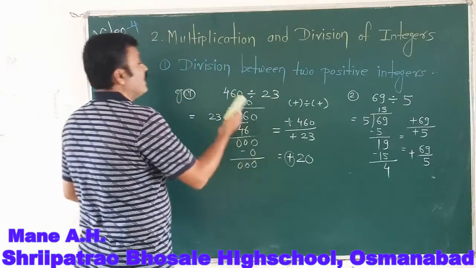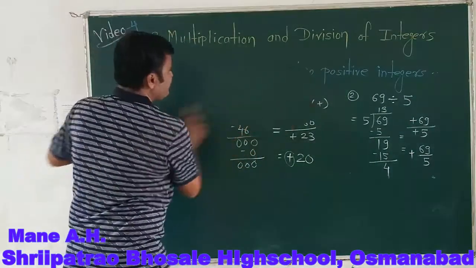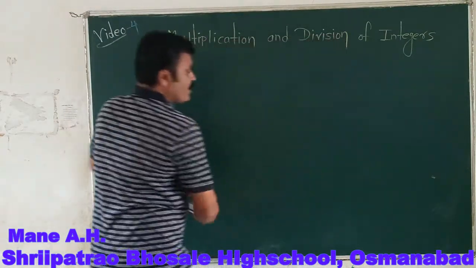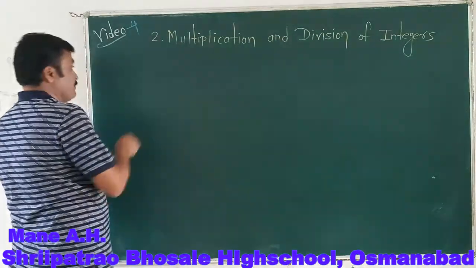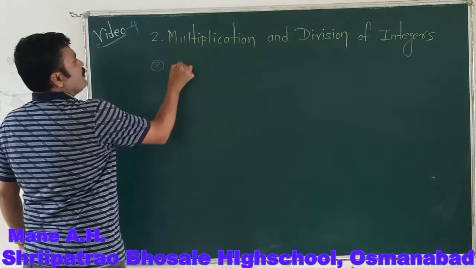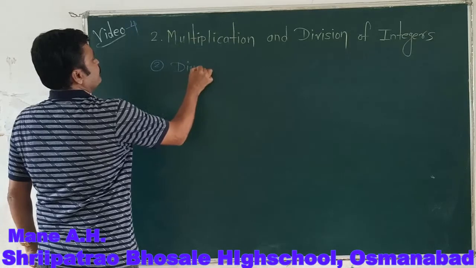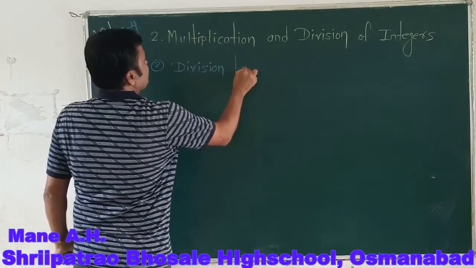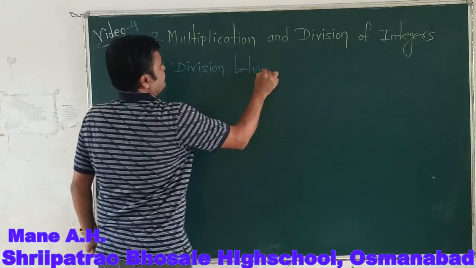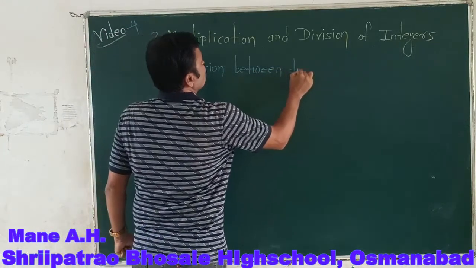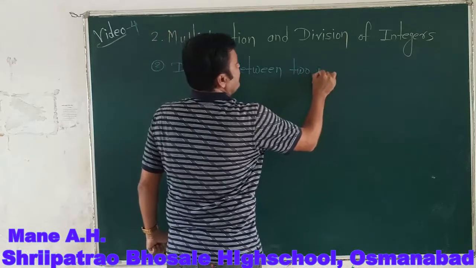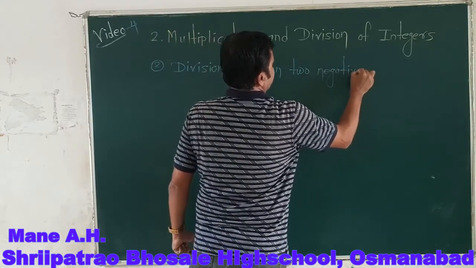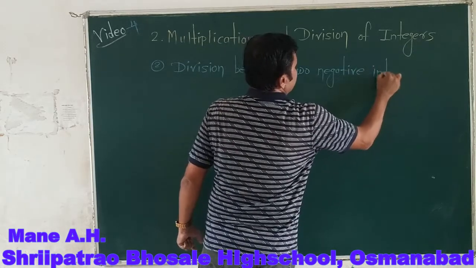After this we are moving towards the second condition of division here. So in the second condition, here I am taking division between two negative integers.